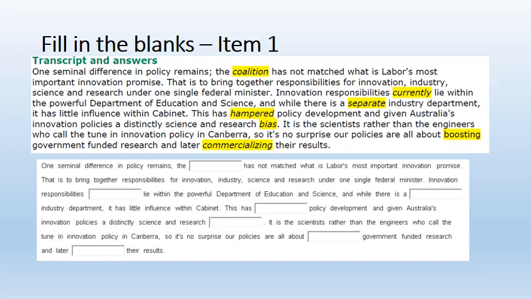Thus, this has hampered policy development and given Australia's innovation policies a distinctly science and research bias. It is the scientists rather than the engineers who call the tune in innovation policy in Canberra. So it's no surprise our policies are all about boosting government funded research and later commercializing the results.